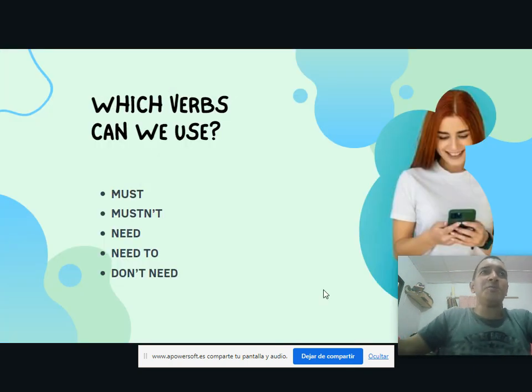Now, which verbs can we use in order to talk about risks on internet or on social media, and how to use social media in a correct manner? We can use these verbs: must, mustn't, need to, and don't need to.